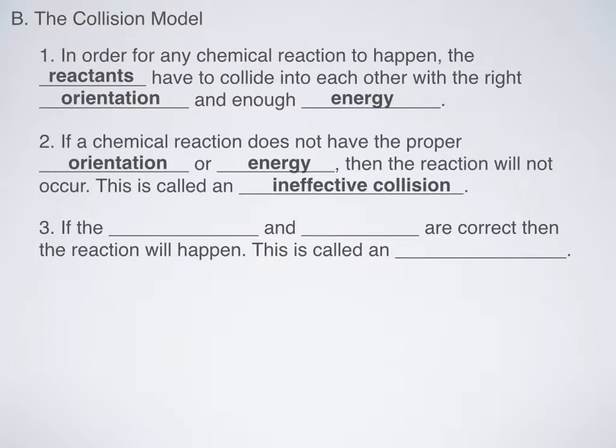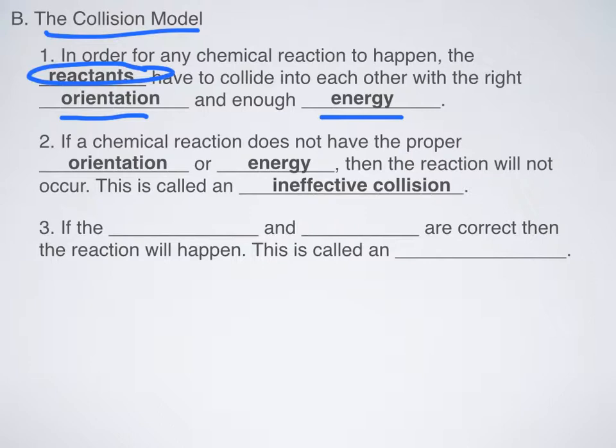In order to understand how fast chemical reactions happen, we have to understand what we call the collision model. In order for any chemical reaction to happen, the reactants have to collide with each other in the proper orientation and with enough energy. Now, when we use the term orientation, we basically mean facing the right direction.